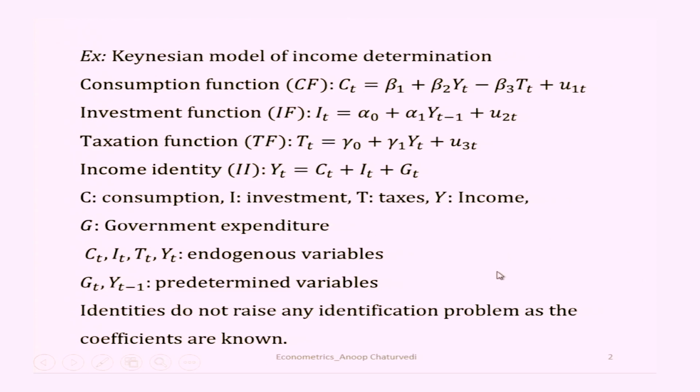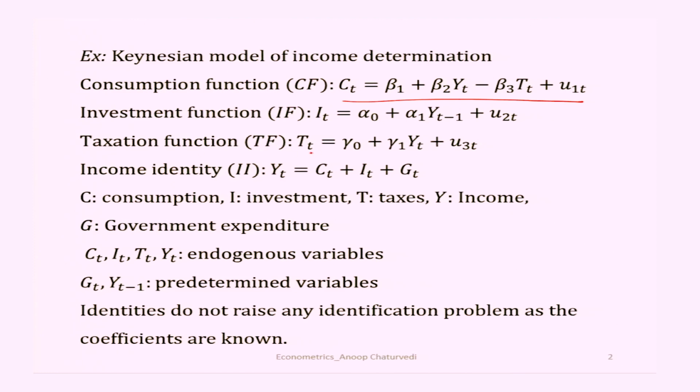We consider the Bayesian model of income determination, which has a consumption function of this form: C t equal to beta 1 plus beta 2 y t minus beta 3 t t plus u 1 t. Then it has an investment function I t equal to alpha naught plus alpha 1 y t minus 1 plus u 2 t.